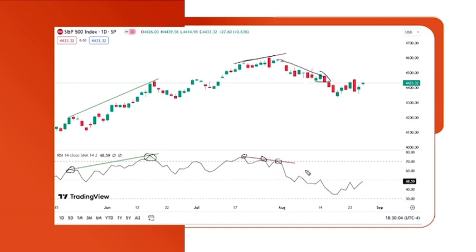And in these type of examples, because something can be converging or diverging for a long time, what I would suggest is that you use other tools to help you enter trades. So for example, one of the things you could have done is potentially drawn your up trend line.